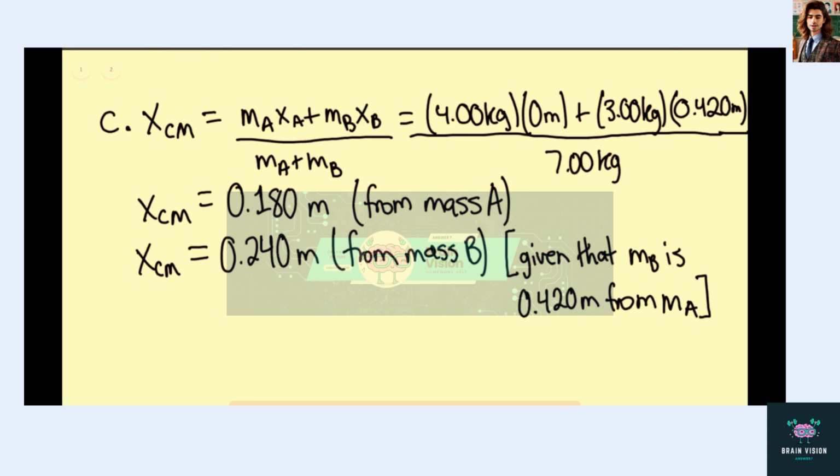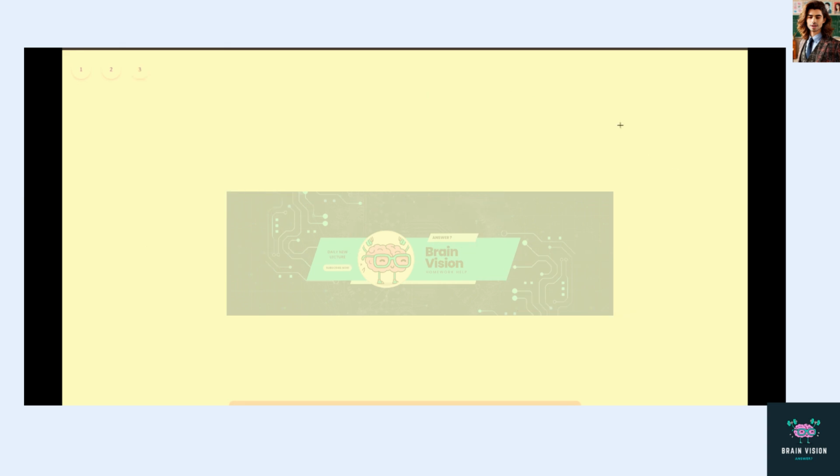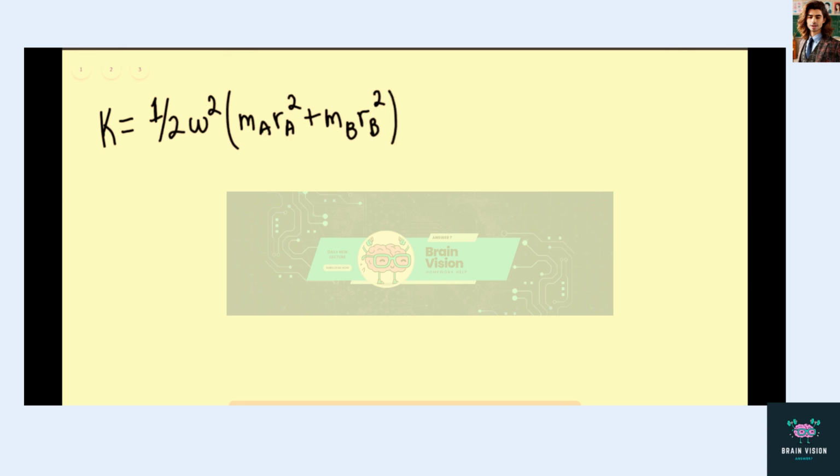At this point, we can redo the calculations for parts A and B, and say that K, the total kinetic energy, would be equal to 1/2 omega squared. However, now the radius would be different, so it would be m sub A r sub A squared plus m sub B r sub B squared. So now we cannot factor out the r.